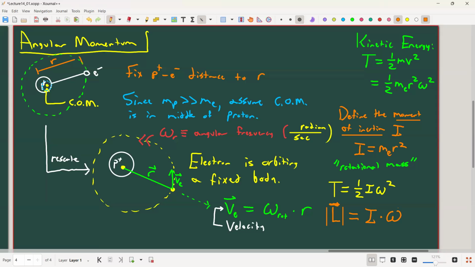This is an angular velocity, radians per second. Momentum is m times v. Here's v, and here's m. Nothing fancy. We've just turned linear motion into angular motion. All the terms start to look funky. They have different labels, but the math works exactly the same. P is equal to m times v. Just write that to drive the point home.